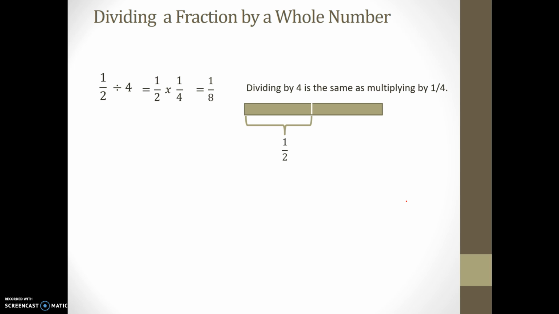If we divide 1/2 by 4, that's the same as multiplying by 1/4. When we multiply by 1/4, we're basically sectioning up that whole into fourths, right? And so if we're asking the question, what is 1/4 of 1/2, or 1/2 times 1/4? One of those is going to equal 1/8, right? Because now we have 8 blocks in our model.